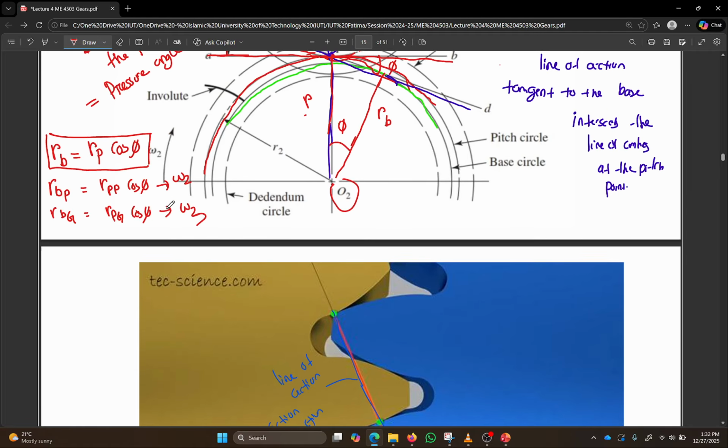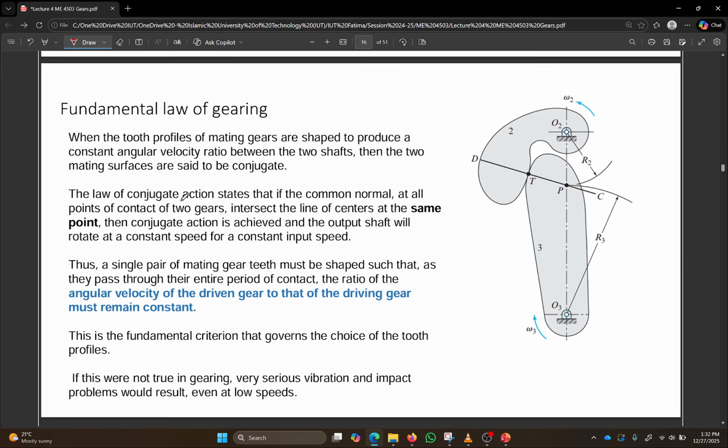If you have learned up until this far, let's go for another rule called the fundamental law of gearing.